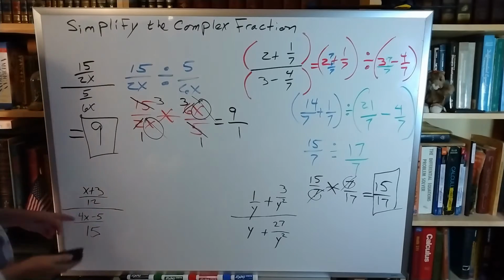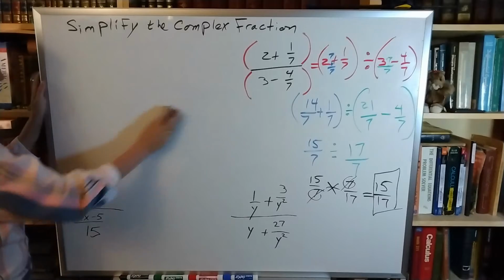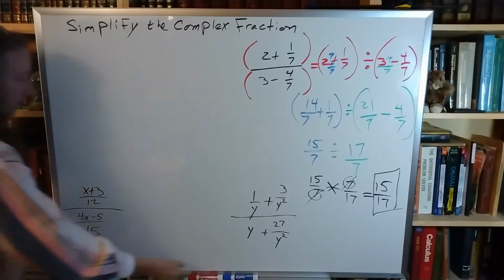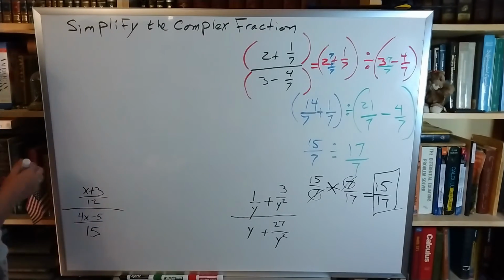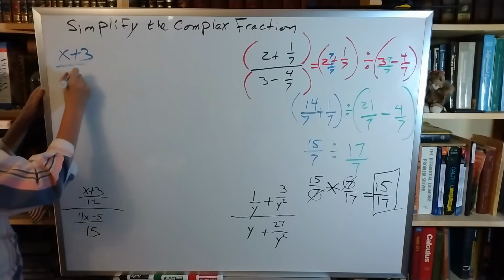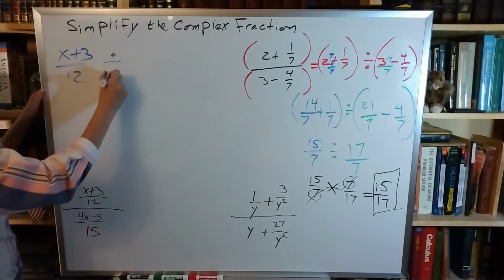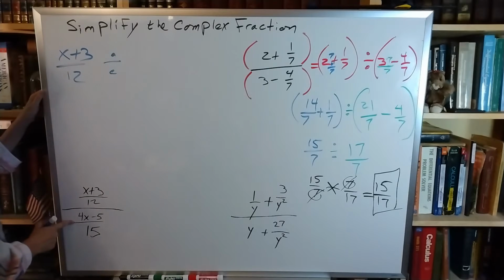Getting over to this one, I'm going to rewrite it up top here. I have x plus 3 over 12, and I'm going to rewrite the middle bar as a divide by symbol, then 4x minus 5 over 15.